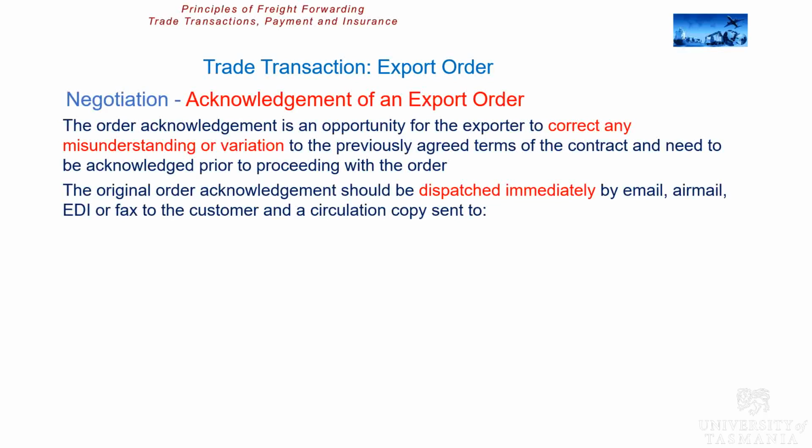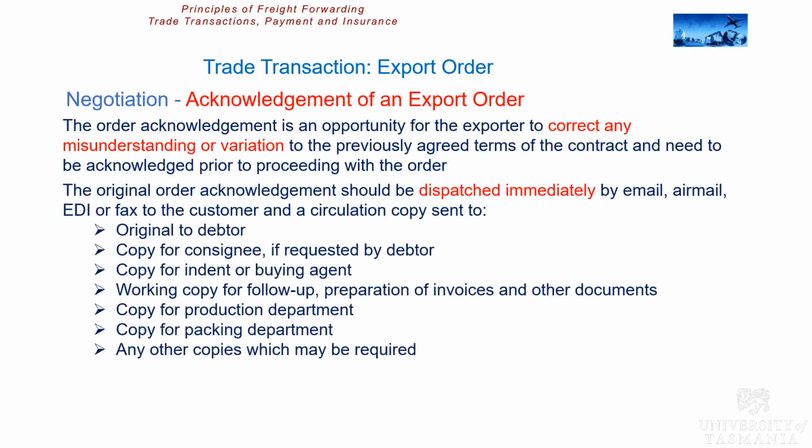And at that particular point in time, that presents you with an opportunity to circulate all the information on the order to all the parties that are involved in that particular order. So, if you've got a bank involved, you might want to send an original to the debtor.